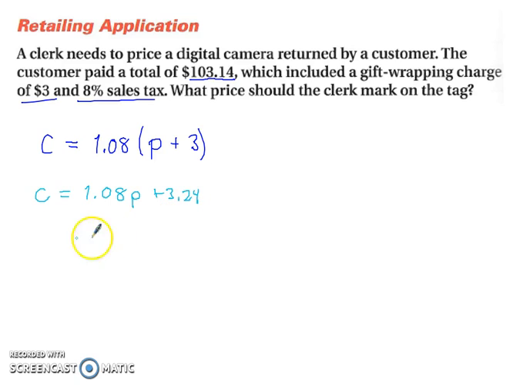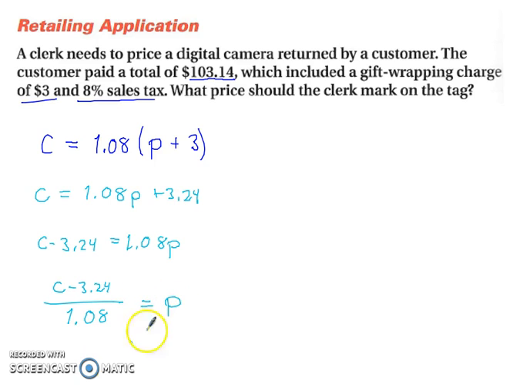Then we're going to subtract 3.24 from both sides, and then divide by 1.08. So we have C minus 3.24 over 1.08, and that equals our P. Since the total cost was $103.14, we're going to replace our C with that.